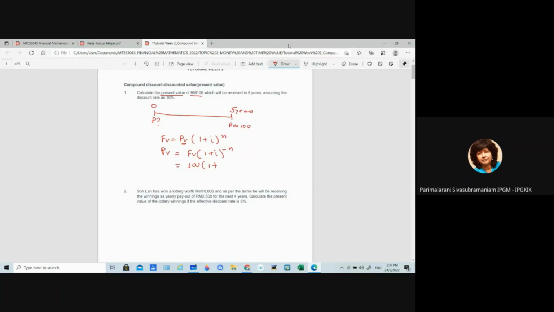They didn't tell you what the compounding rate is, how many times it is compounded, so we assume it is per annum. So it is over 1. 10% is also equivalent to 0.1.